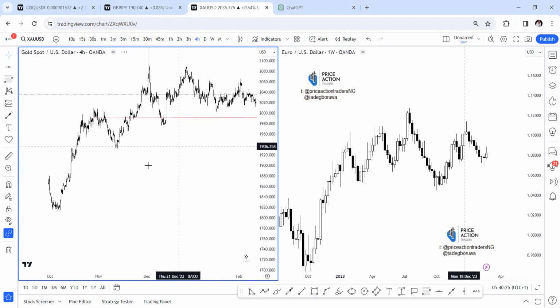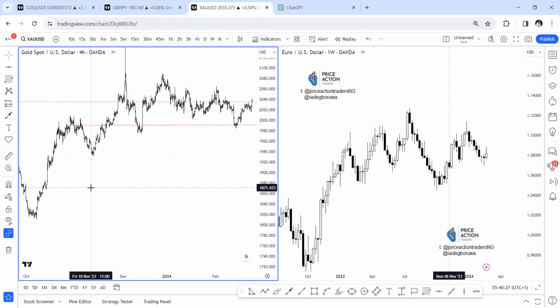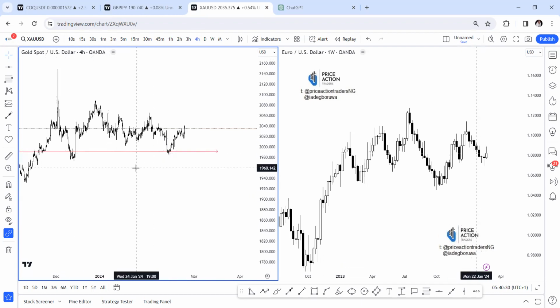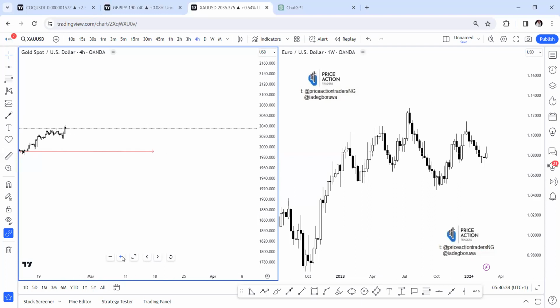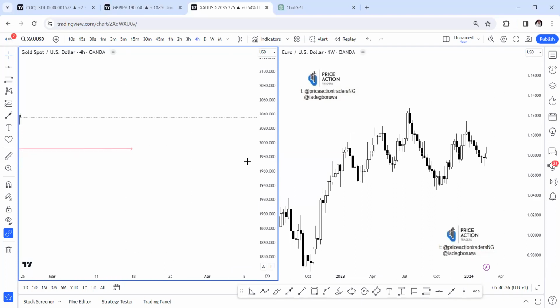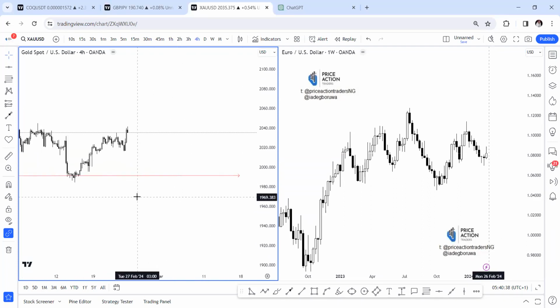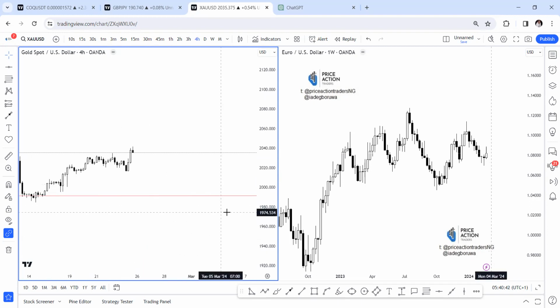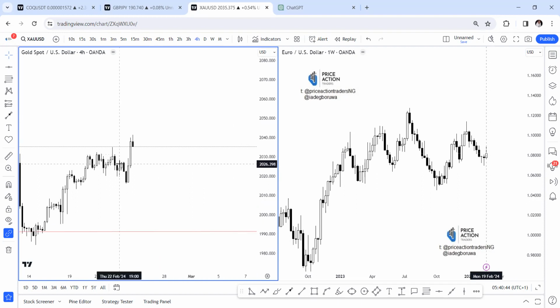Price moved out to the clear. You can see the movement here. This is it.